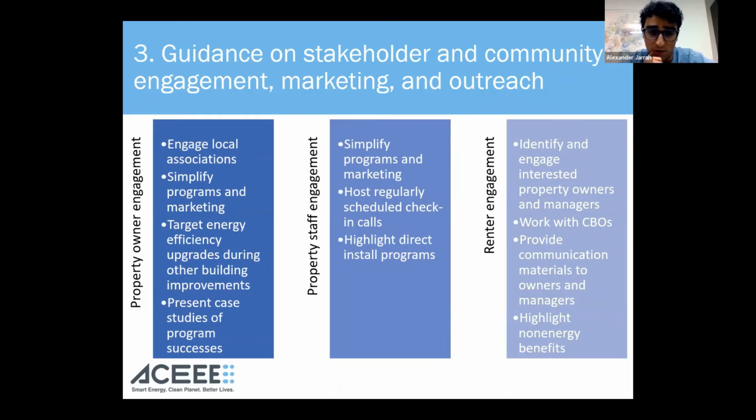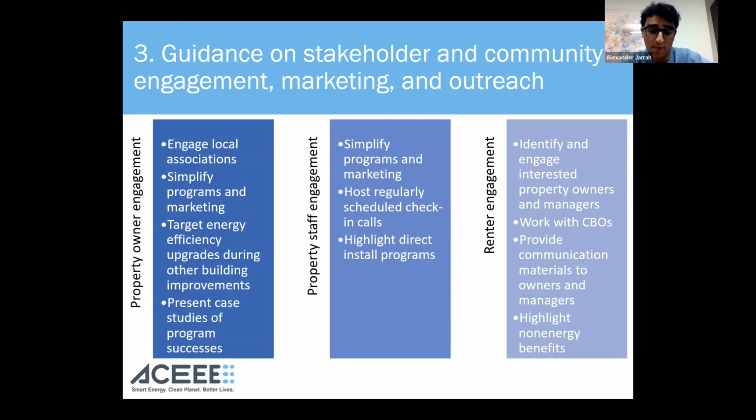The second group is property staff engagement. Like property owners, simplifying programs and marketing can also result in staff being interested in energy efficiency programs. Host regularly scheduled check-in calls.